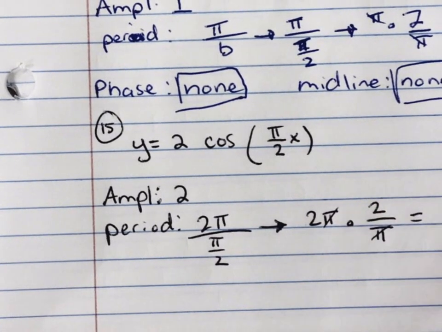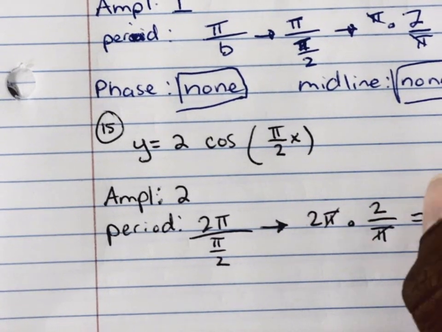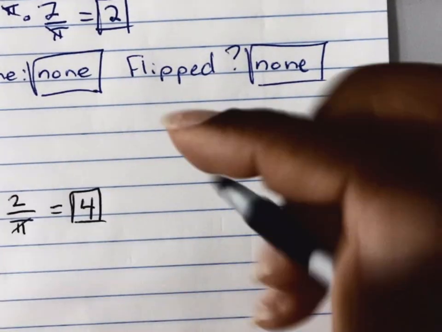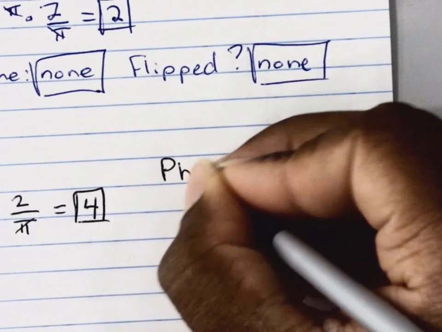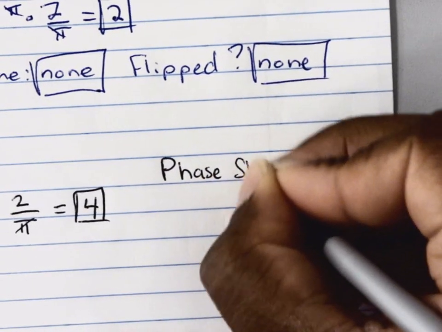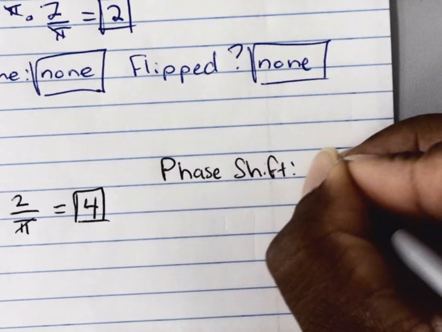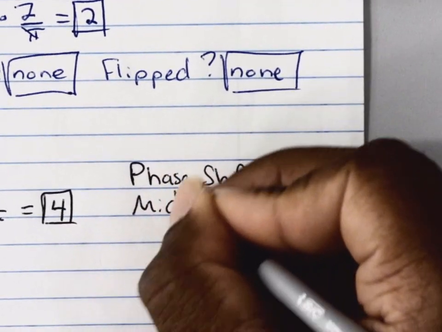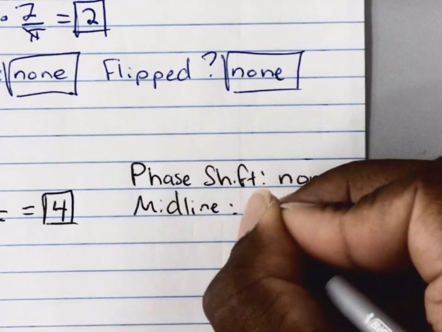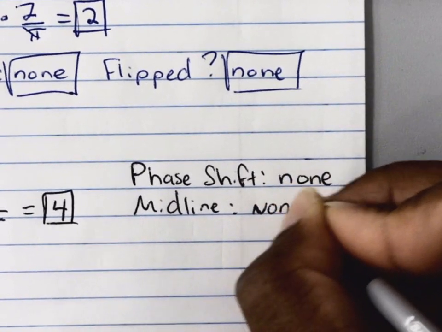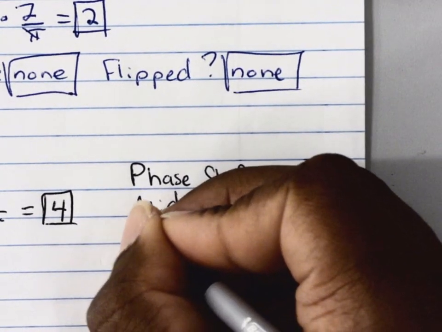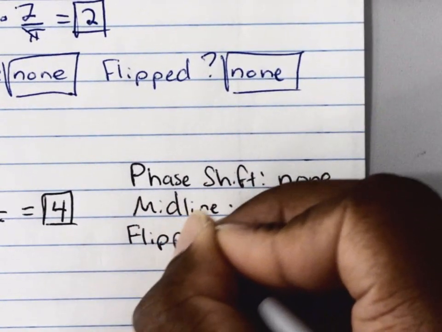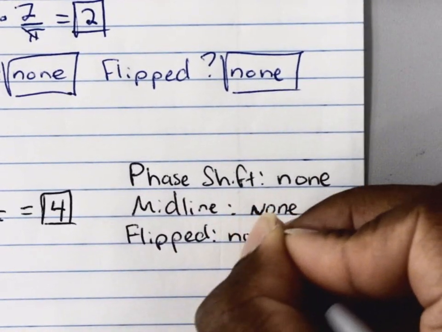Pi's cancel, and I'm left with 2 times 2 equaling 4 for my period. Phase shift, none. Midline, also none. And then reflection, or is it flipped? Also none.